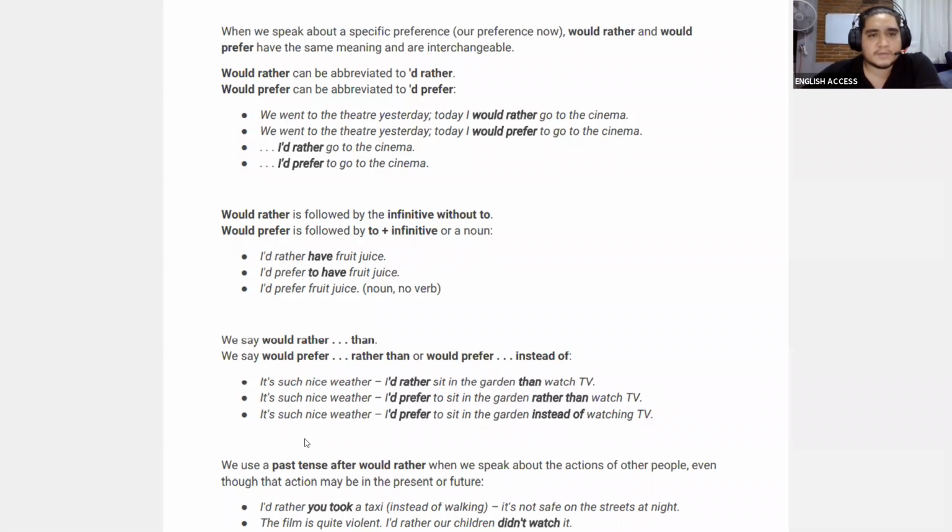We have two examples. Can you read the first one, Tommy, please? I'd rather you took a taxi instead of walking. It's not safe on the streets at night. Thank you. And the second example, Gina, please. The film is violent.